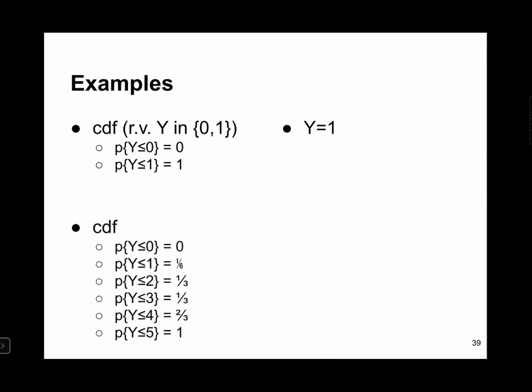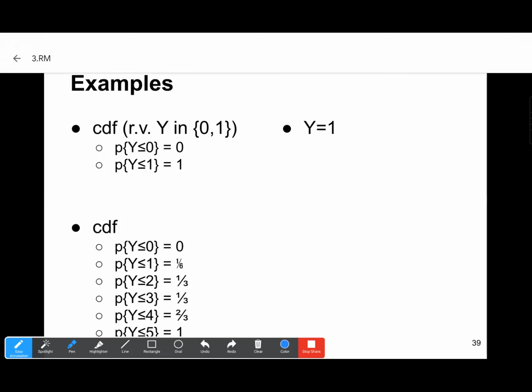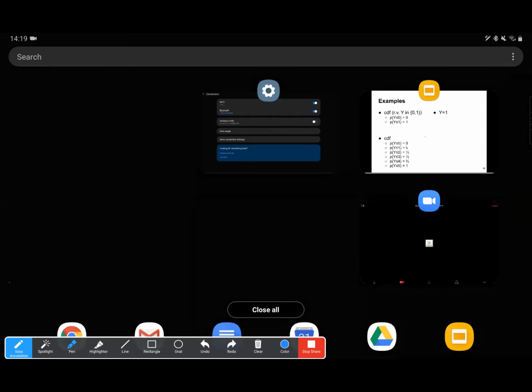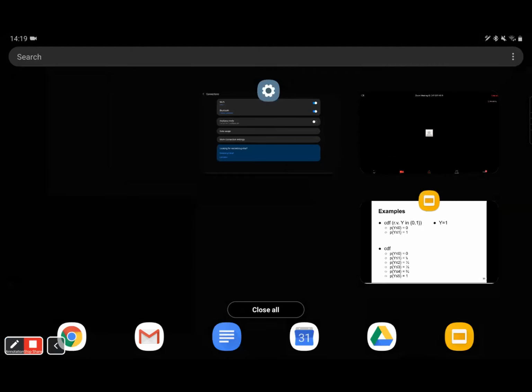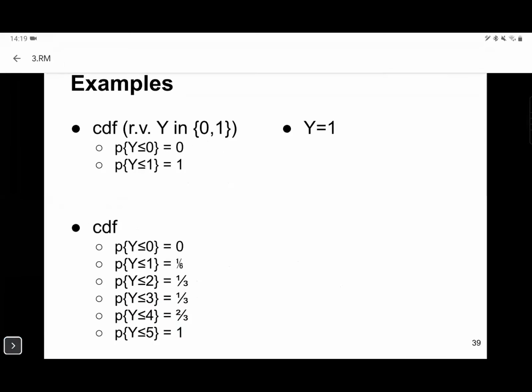So here is a somewhat more involved example of a cumulative distribution function. So the random variable Y can be equal to various numbers, again still discrete: 0, 1, 2, 3, 4, and so on. And we have here given the probabilities that it is smaller than certain values.